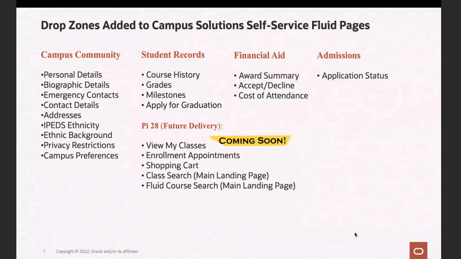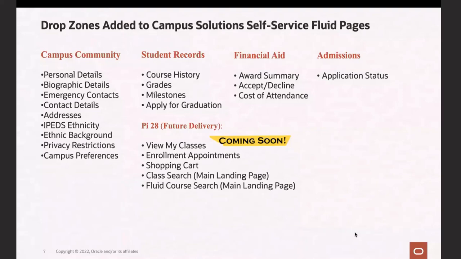Campus community, so you can see that we've delivered about 9 different drop zones: personal, biographic, emergency contacts, etc. In student records, we recently delivered drop zones for course history, grades, the new milestone component that was added in PUM 27, and in the apply for graduation enhancement that was done for Fluid. Financial aid under award summary, accept decline, and then the cost of attendance page. And admissions, we added drop zones to the application status page.